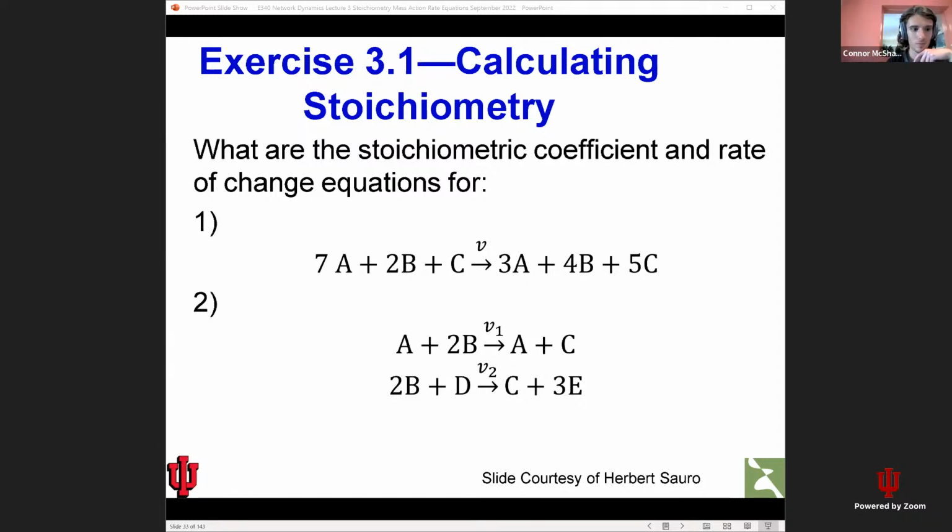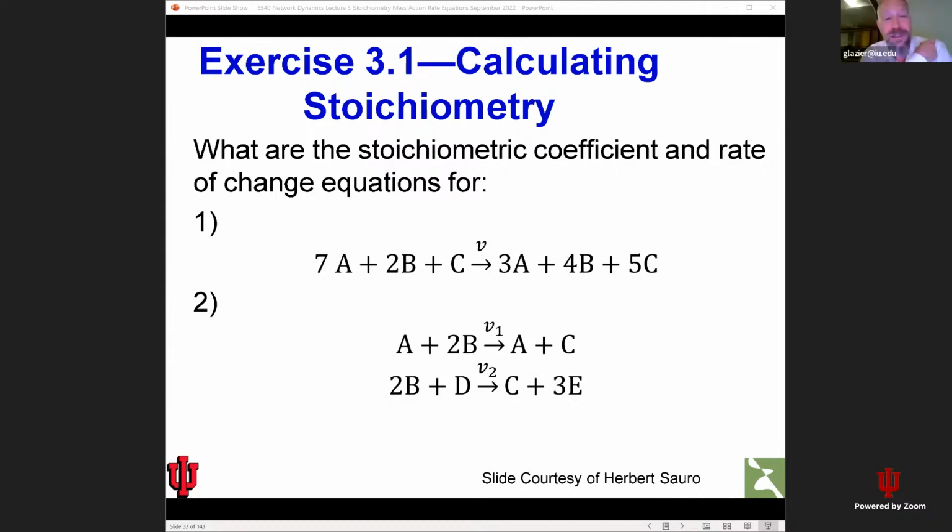So dA by dt would be -4 times V. What about for B? +2. So the rate of change for B would be dB by dt is 2 times V. What about C? +4. Not so exciting. The second one has a tiny little trick to it.